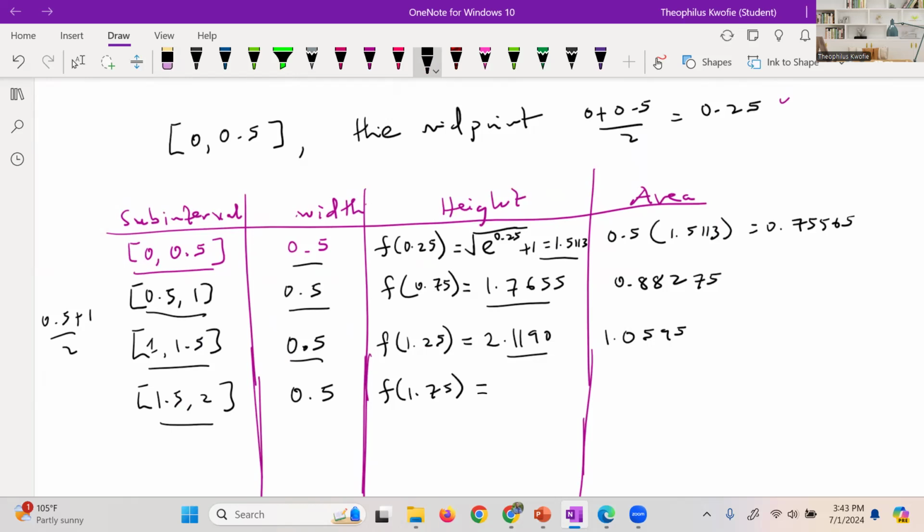Then when we plug that into our integrand, and that should give us, if you're using a calculator, 2.5990. And then we multiply the width and then the height, and that should give us 1.2995. Okay.